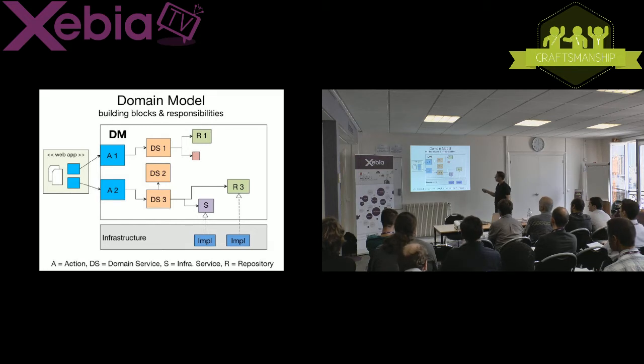Repositories will deal with the data. You can have some other classes, a few things, and then you have infrastructure services. The repositories and infrastructure services are interesting because if you're in the Java world or C# world, the interfaces belong to your domain. The implementation belongs to your infrastructure.